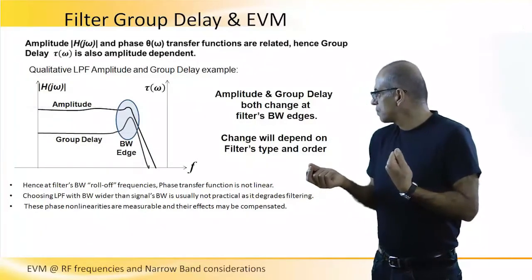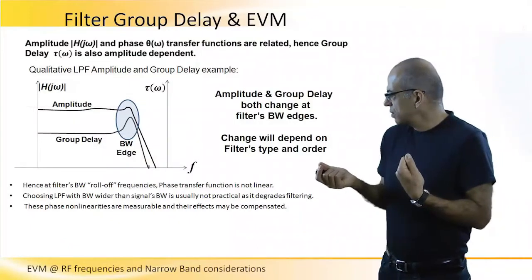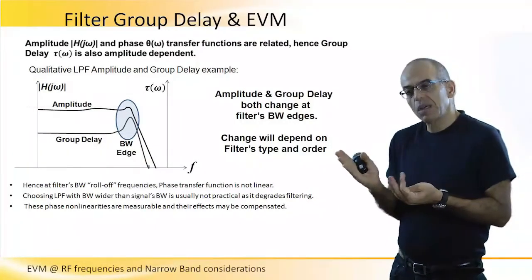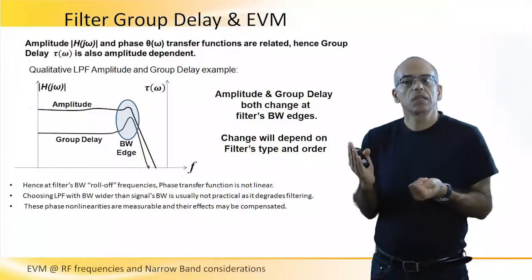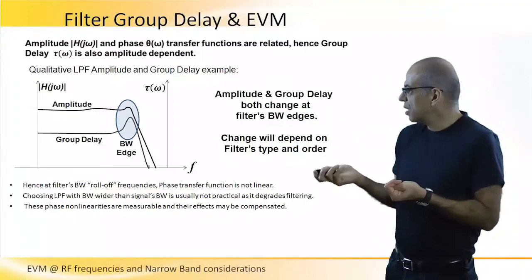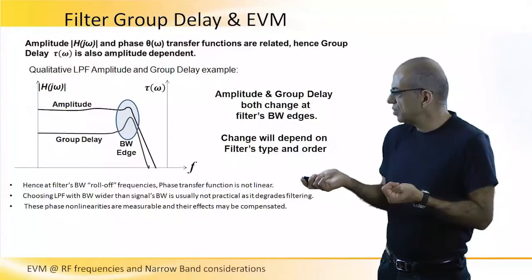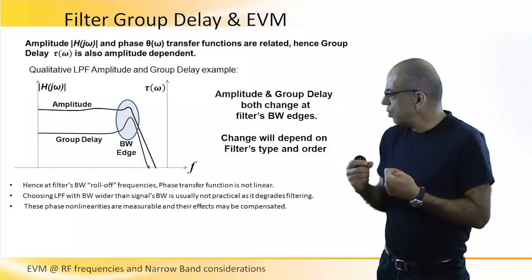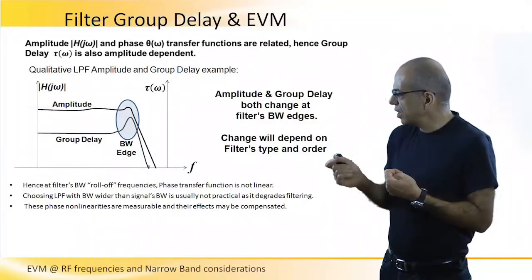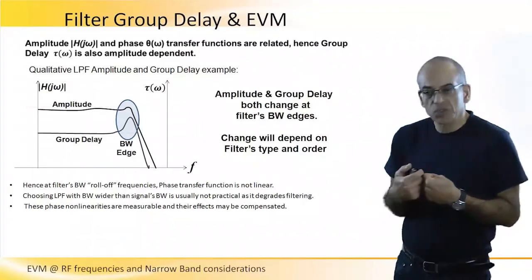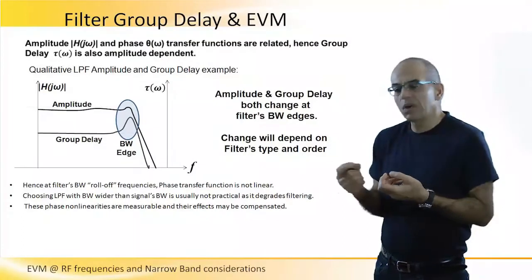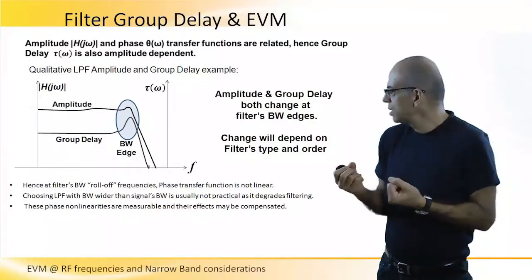So this change in the group delay also creates changes in the subsymbol phase, and subsymbols that are closer to DC or in lower frequencies will have linear phase, while subsymbols that are closer to the band edge will have some phase offset.